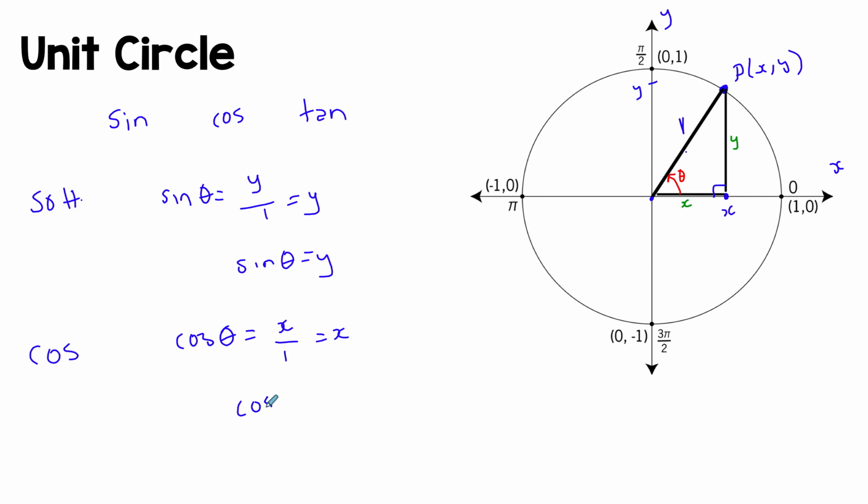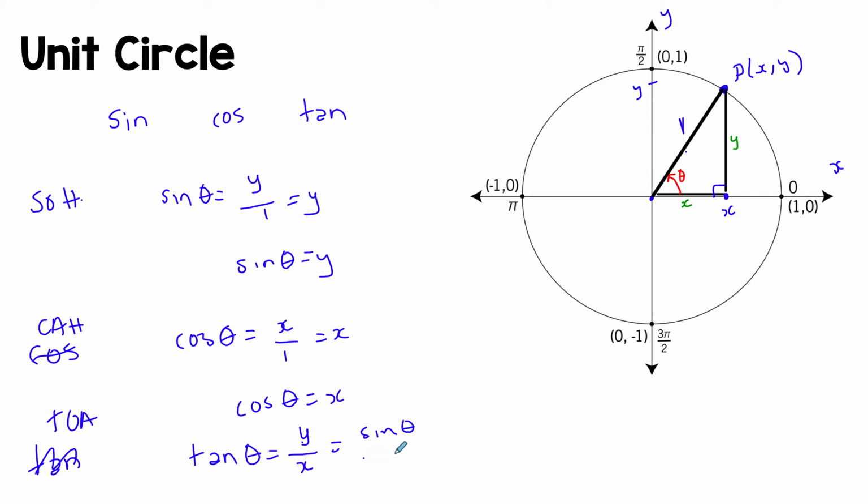So now I have cos theta equals x. And then tan theta is the opposite, which is y, over the adjacent, which is x. But actually y is just sine theta and x is just cos theta.